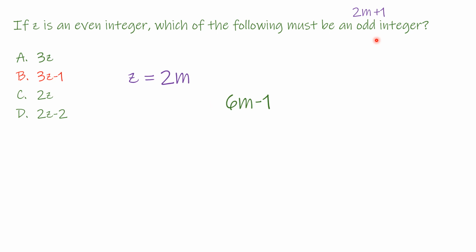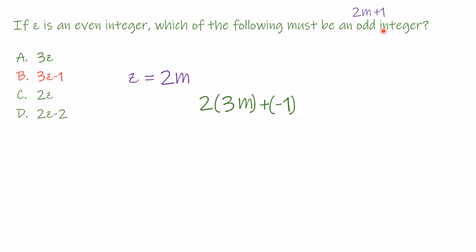Then we can simplify this further. We have 2 times 3, which is the same as 6, so I just separate the 2 and 3 from the 6. The reason is for you to see that it is an odd integer. So we can write 2 times 3 times m as 2 times 3m. And also the minus 1, you can write it as plus negative 1.